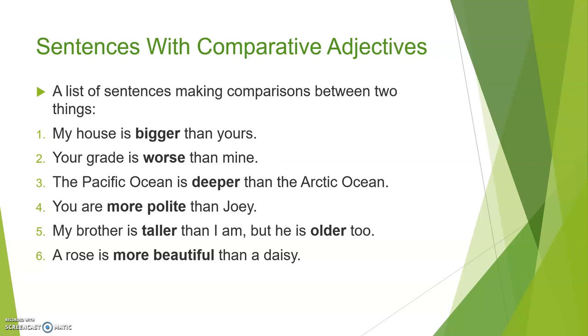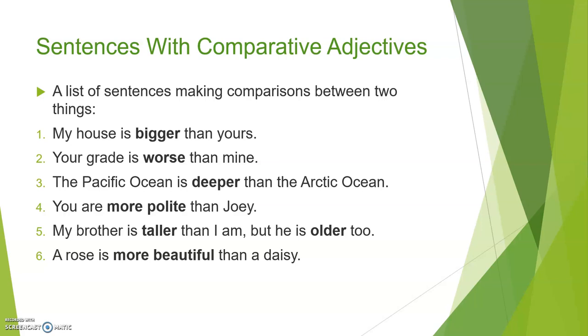Sentences with comparative adjectives. Here you could see a list of sentences making comparison between two things. Let's look at the sentences. My house is bigger than yours. Your grade is worse than mine. The Pacific Ocean is deeper than the Arctic Ocean. You are more polite than Joey.